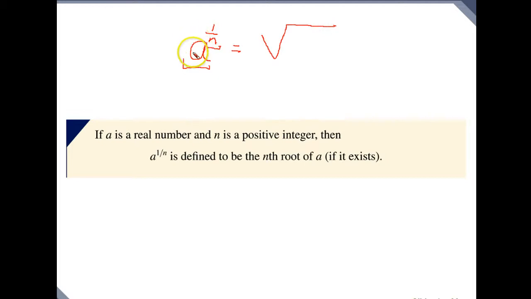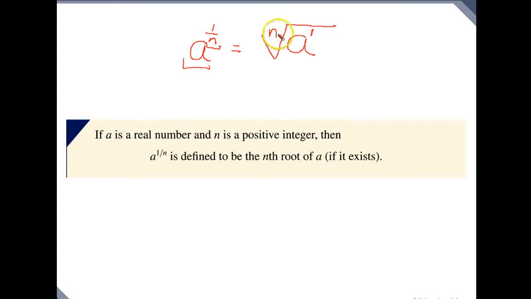Our base, A, becomes the radicand. That's what goes under the radical sign. Now the n that's found as the denominator of the fraction becomes our index number here. And the numerator becomes the exponent on the radicand. So this is exponential fraction form. This is radical form. They relate to each other.